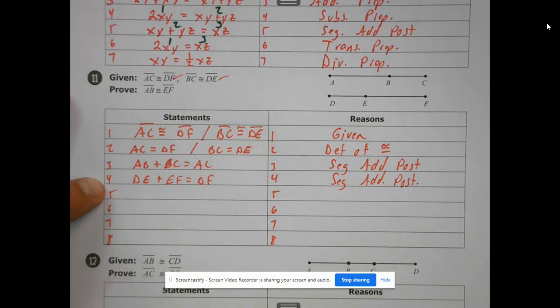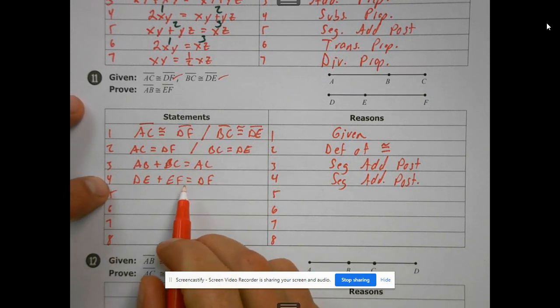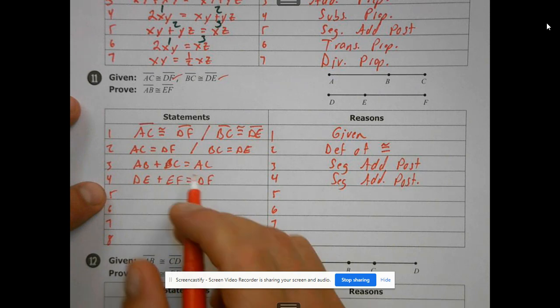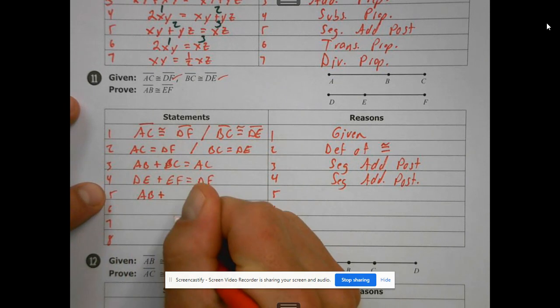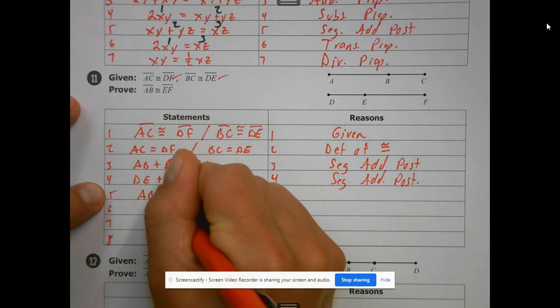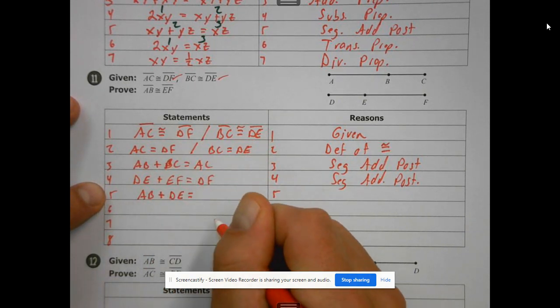So replace BC with DE. All right, so I am going to have AB plus DE, that's how I'm replacing, equals DF.